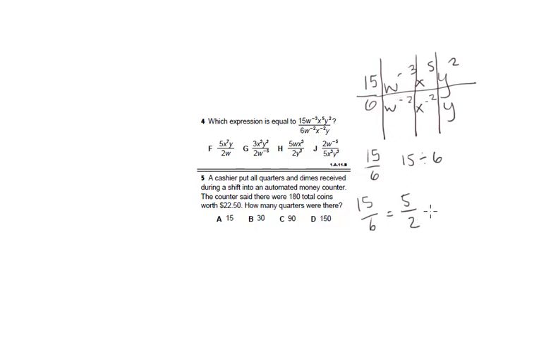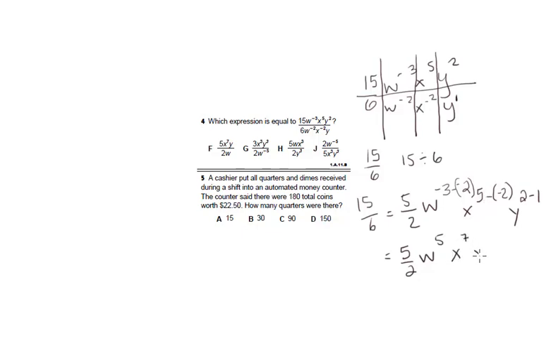Then the rule of quotients of exponents says that when the base is the same, so I have W and W, I subtract those exponents. So it'll be -3 minus a -2, 5 minus a -2, and then y, there's an invisible 1 on this y in the denominator, so 2 minus 1.